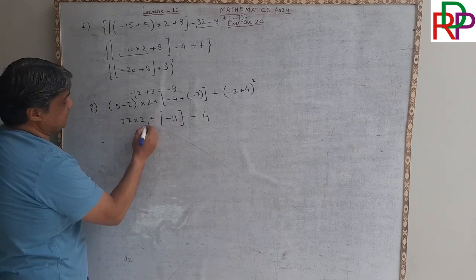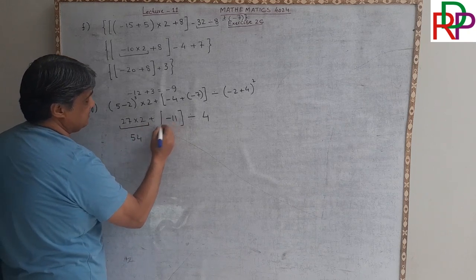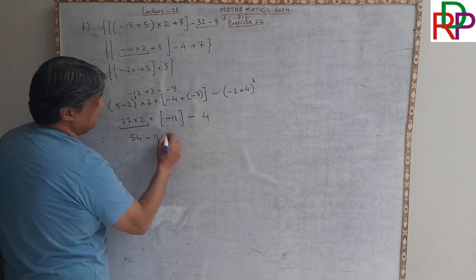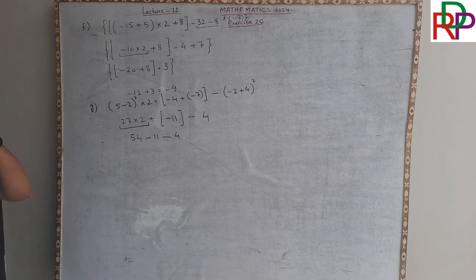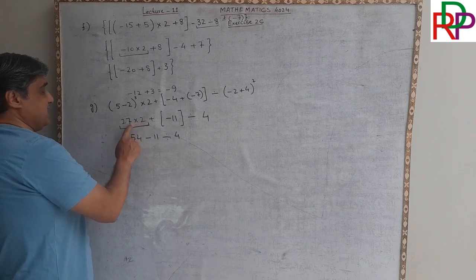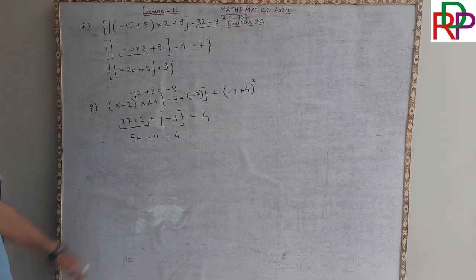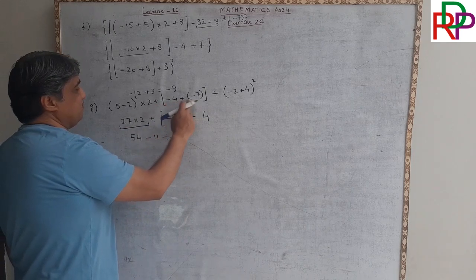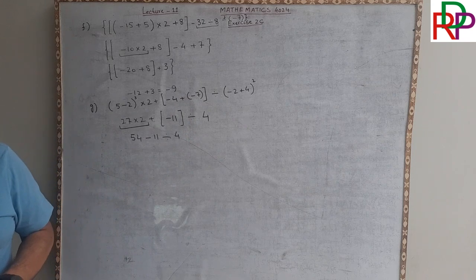Now first we have to write this, 54, and this plus minus 11, and then divide by 4. Then plus, and then minus 4 minus 7.